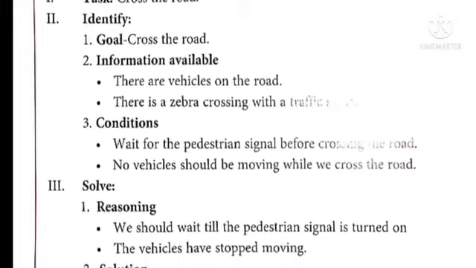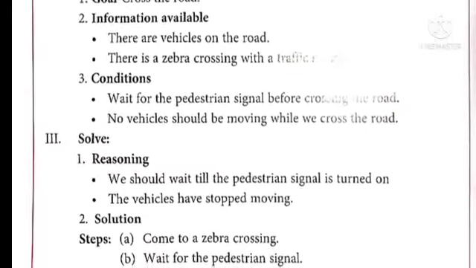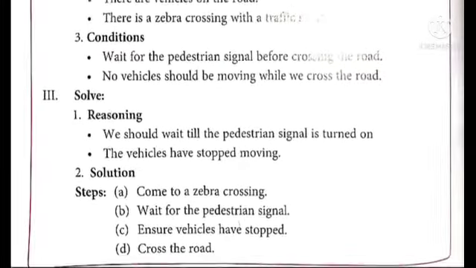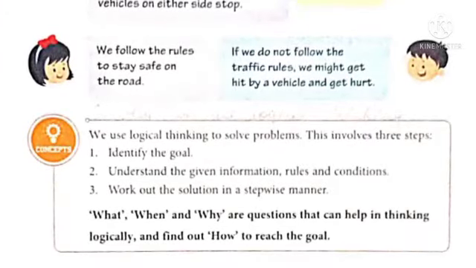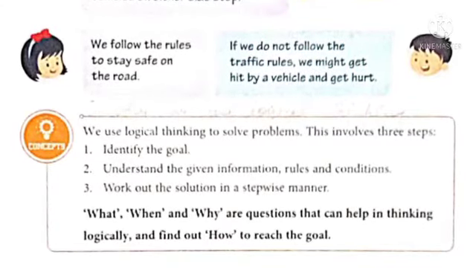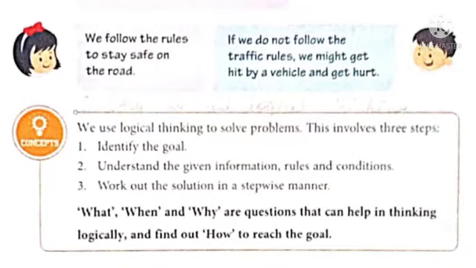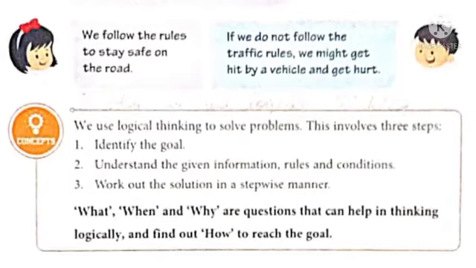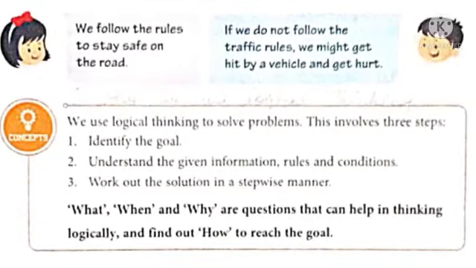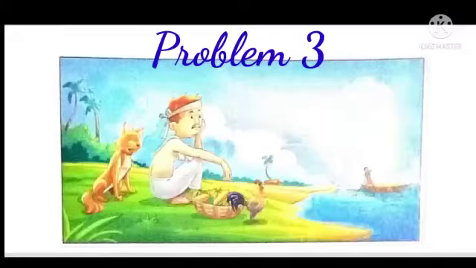Logical thinking helps us answer the questions which arise in our mind related to the problem, like what to do, when to do, why to do, and how we are going to reach our goal. All these questions in our mind are answered by logical thinking if we follow these steps. First identify the goal, then understand the information, rules and conditions, then work out the solution in a stepwise manner.